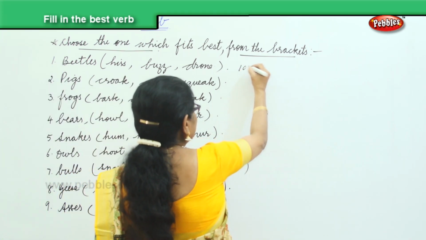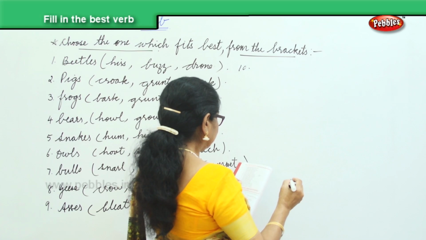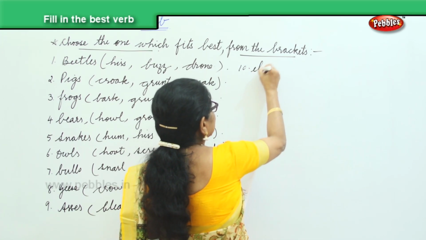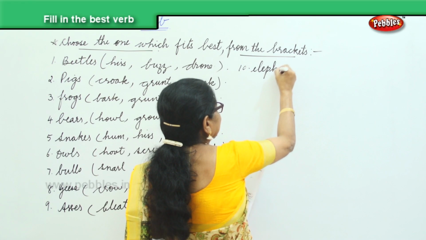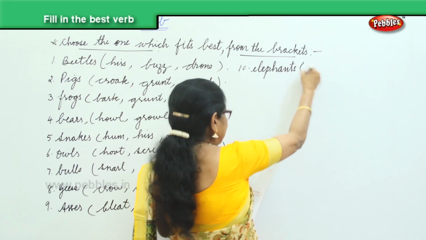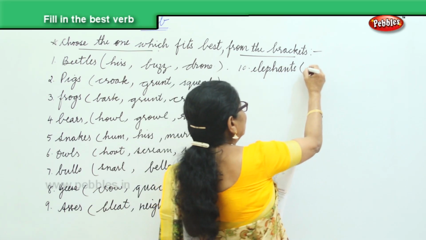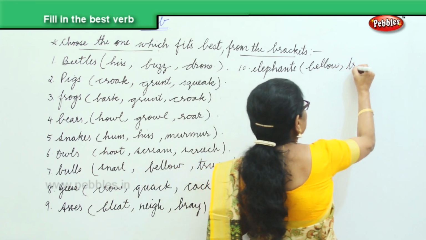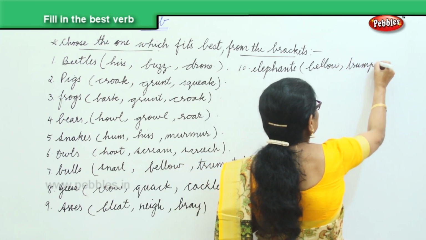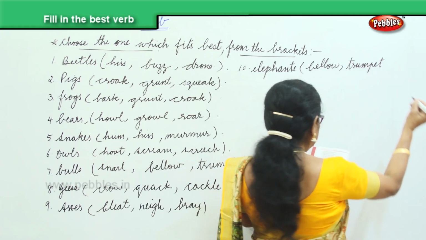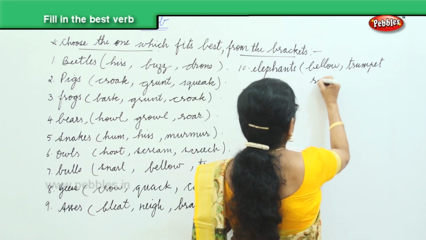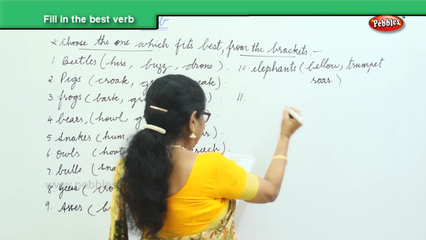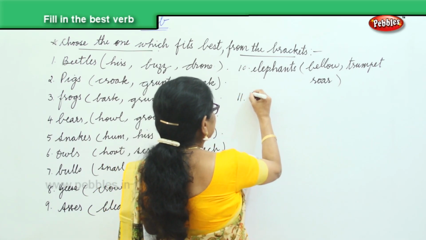Then we have here elephants. Elephants bellow, trumpet, and roar. We have parrots.